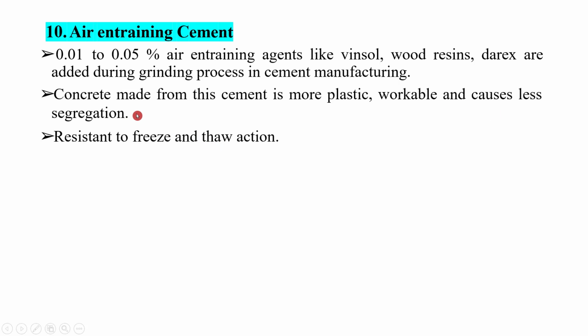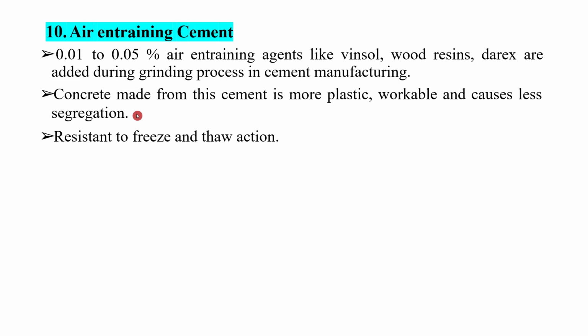Segregation means the concrete is made by the proper mixing of cement, sand, metal, and water. That means the concrete should be homogeneous, made by proper uniform mixing of sand, cement, and the metal.